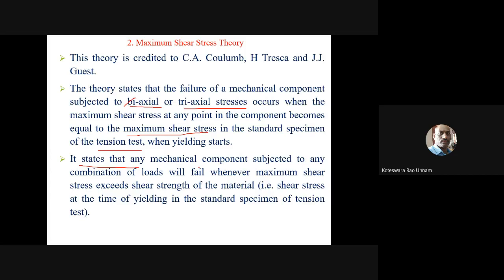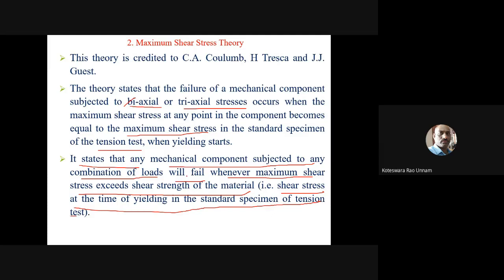It states that any mechanical component subjected to any combination of loads will fail whenever the maximum shear stress exceeds the shear strength of the material. The strength of the material is nothing but the shear stress at the time of yielding in the standard specimen of tension test. So the shear strength is the value of shear stress at the point of yielding.